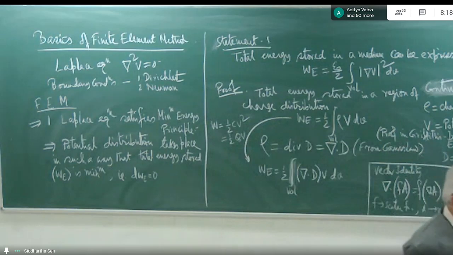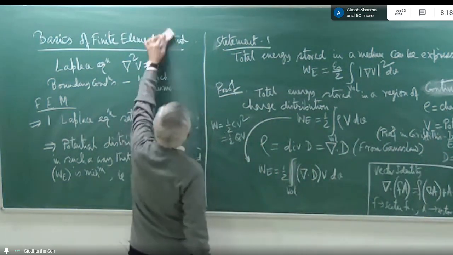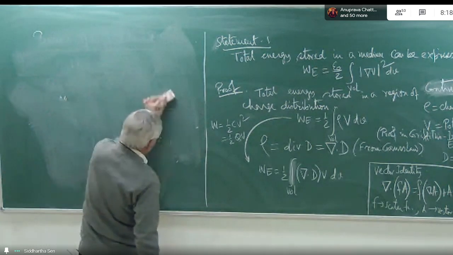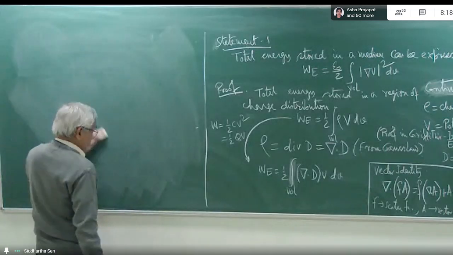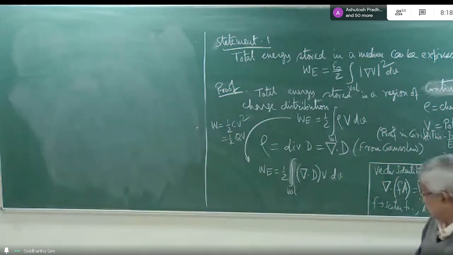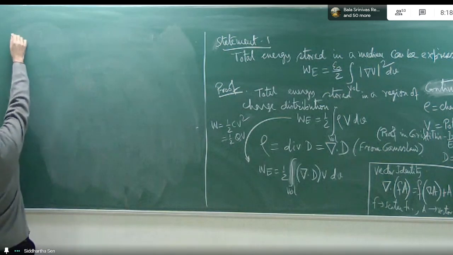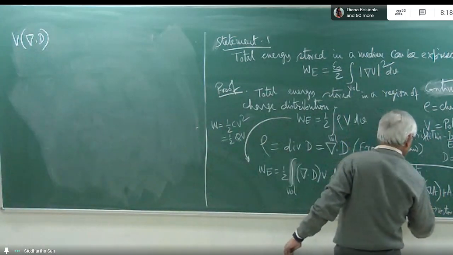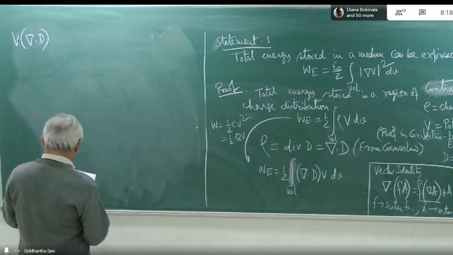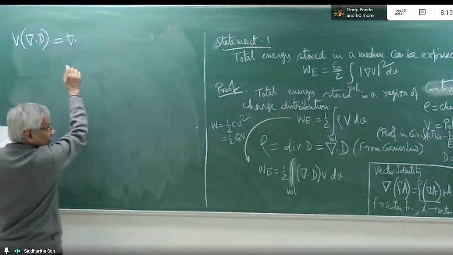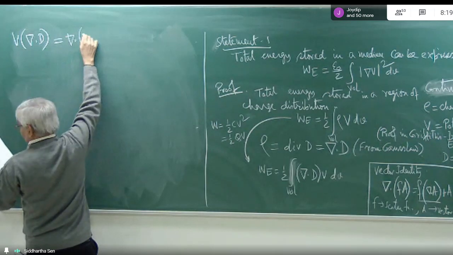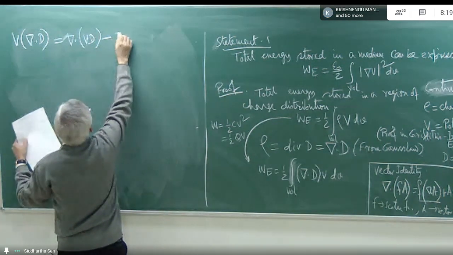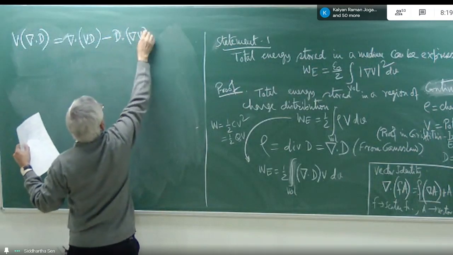So from this one we can write that V into nabla dot D, that means we are taking this function on the left hand side, is equal to nabla dot (V D) minus the second term, that is D dot nabla V. Okay.